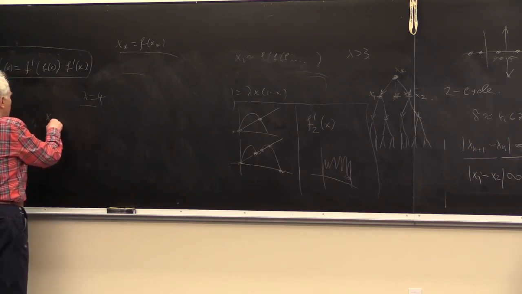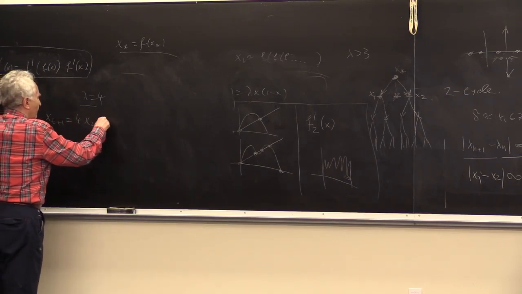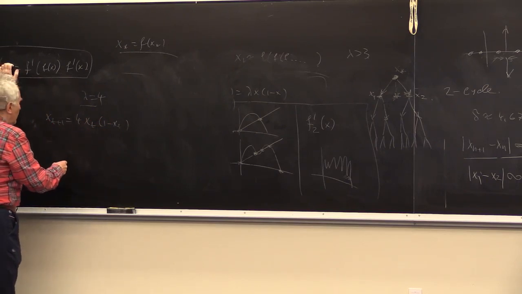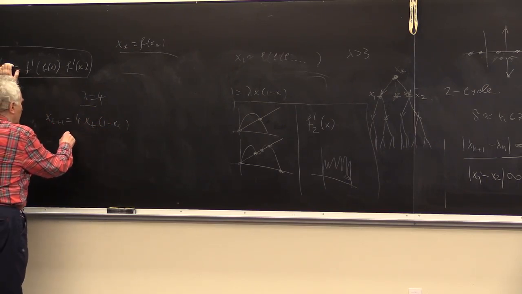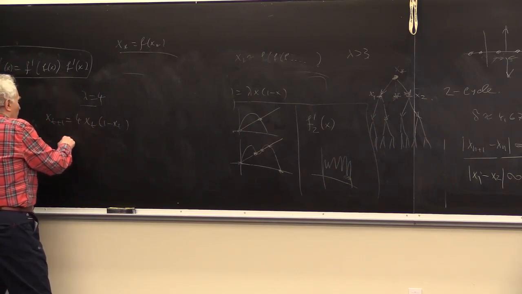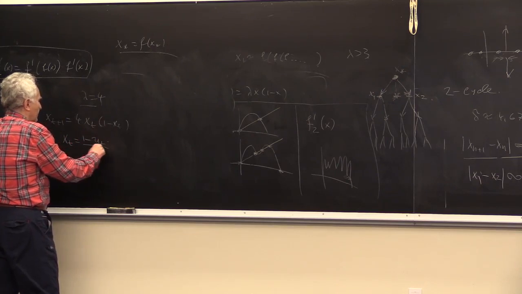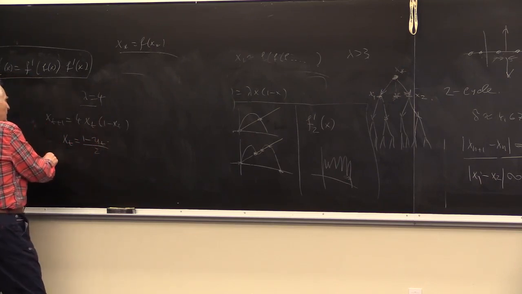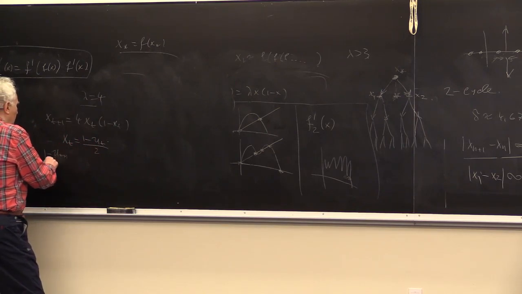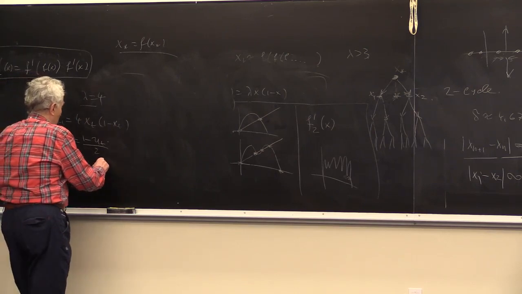Let's take this equation and rewrite it in the following way. Let's introduce x_t, then we have (1 minus u_{t+1})/2 is 4 times (1 minus u_t)/2 times (1 plus u_t)/2.